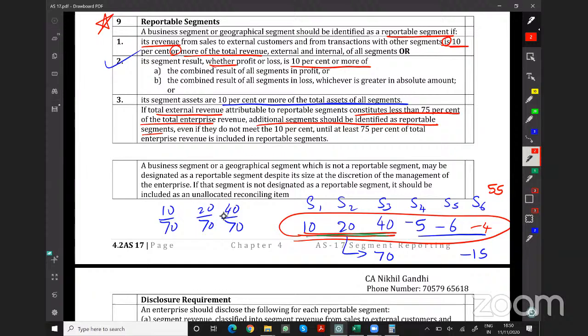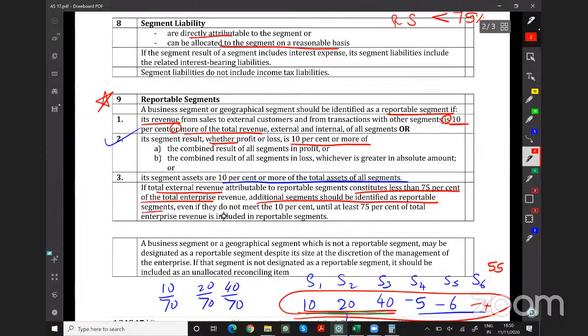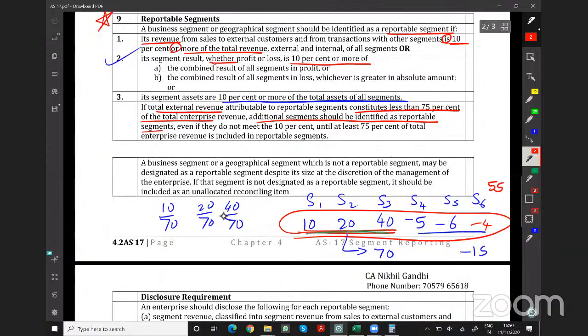Means if total revenue of all the reportable segments is less than 75%, you should include new segments even if they are not satisfying any of the above 3 conditions till we have reached the limit of 75%. Agreed?